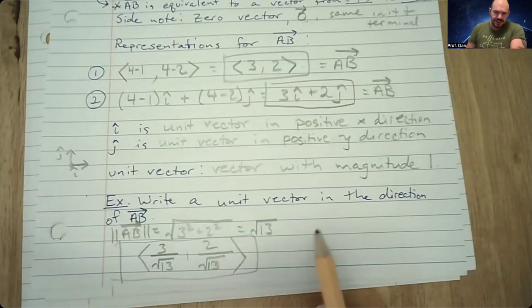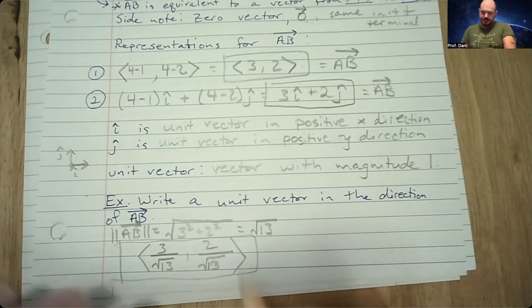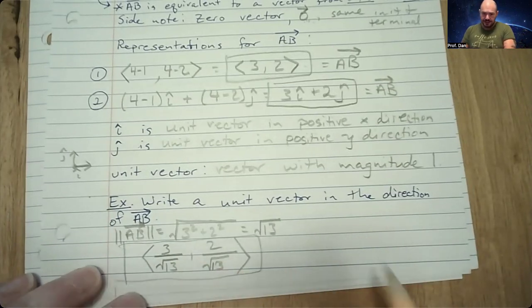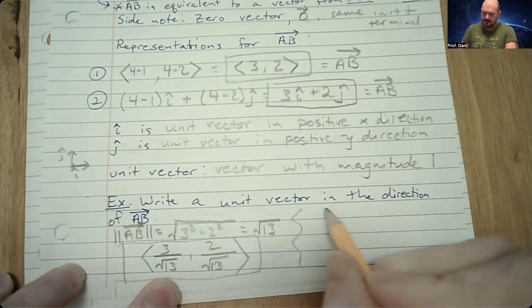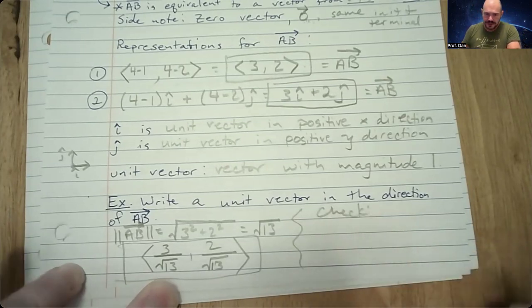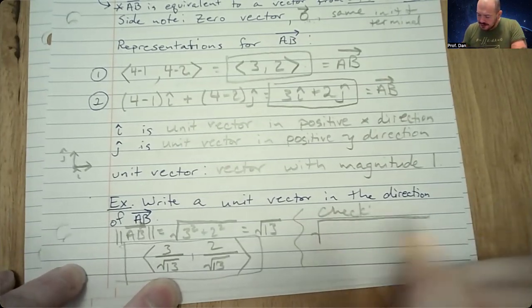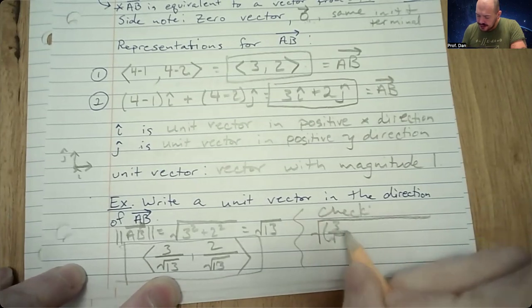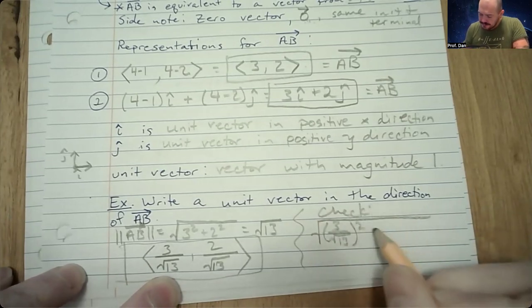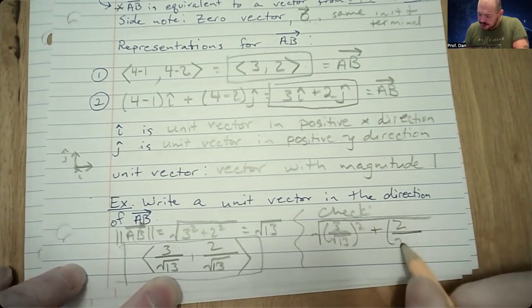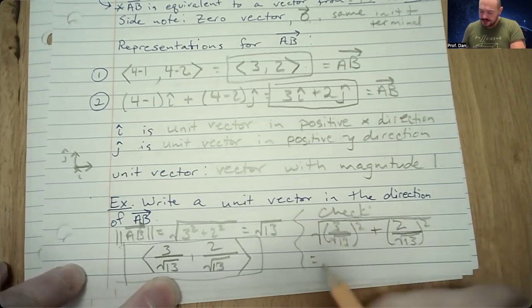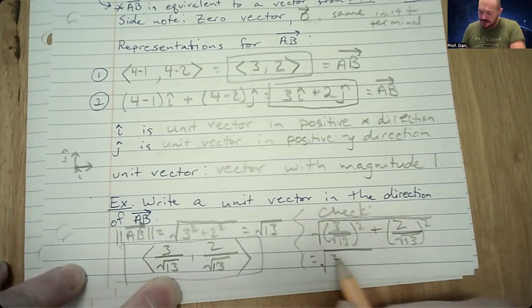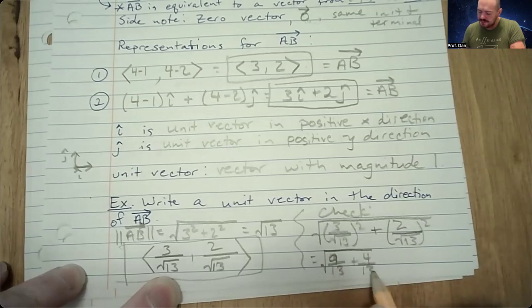And to check our work, you could also test it, right? If I were to take the square root of this component squared plus this component squared, I would end up with the square root of 9 over 13 plus 4 over 13.